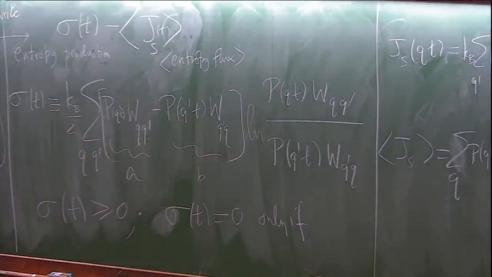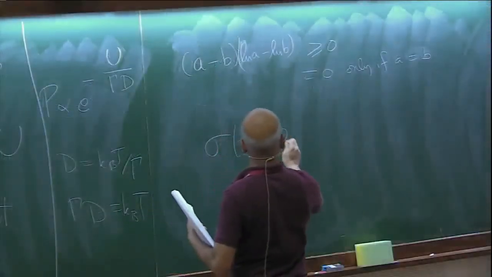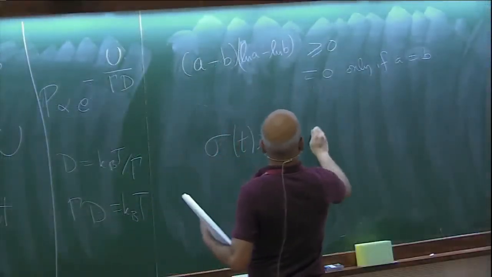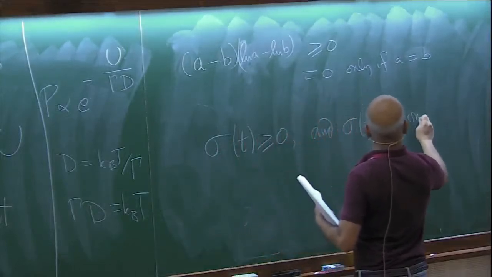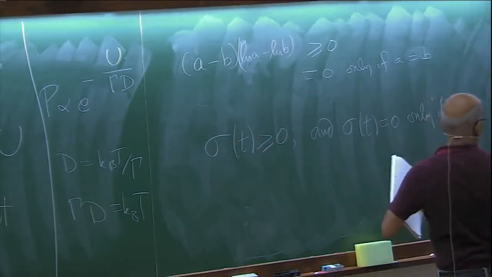Let me write it here. This means that sigma of t is greater than or equal to 0, and only if our friend.